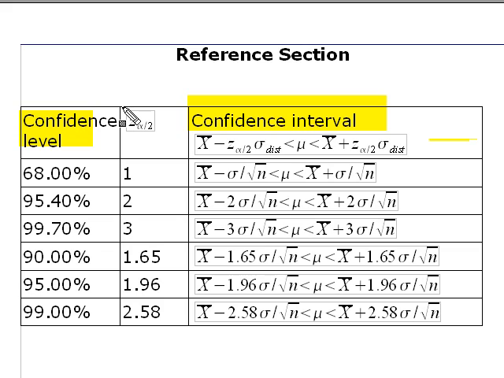Remember, in confidence intervals, you take the alpha, and it's going to be alpha over 2 because it's a two-tailed situation where you're rejecting both tails. So for the confidence level, in this case, say 90%, you find that z alpha over 2 is 1.65. That's all you need to know for this particular problem. If you're given another number, of course, you'll have a different z alpha over 2.